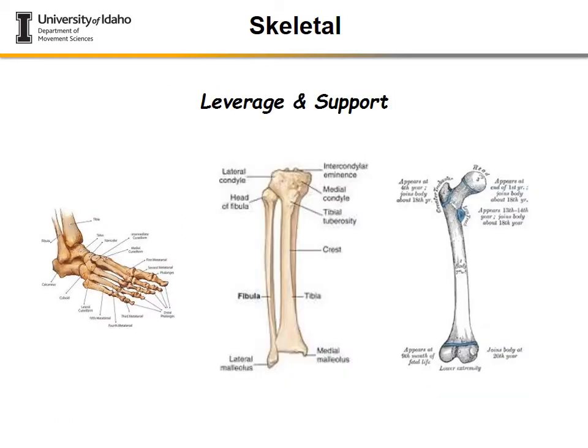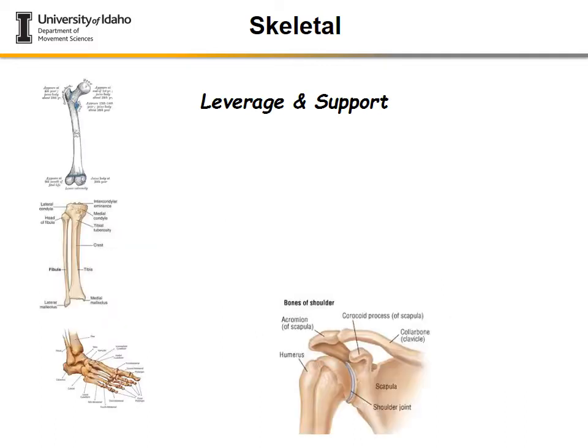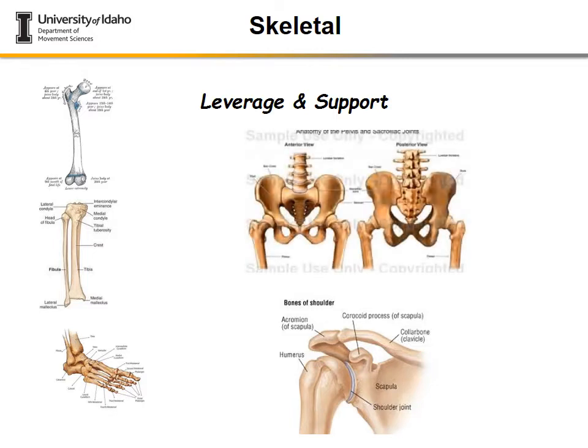These are particular bones, long bones of the foot and the lower leg and the femur, all involved with leverage, support, attachment sites, movement. We go up to the shoulder, where you now introduce the scapula and the clavicle and the acromion for special attachment sites as well as functional movement.